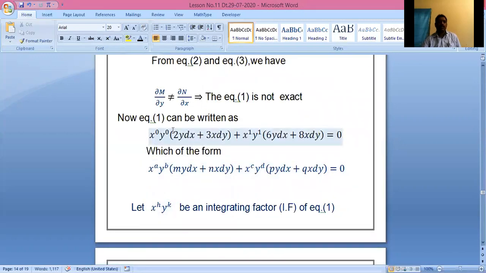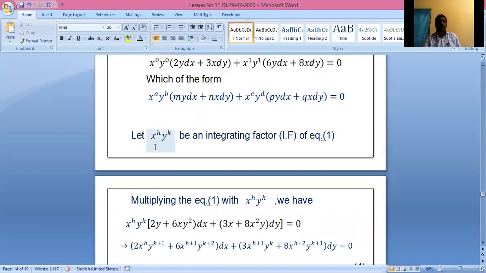Now, equation 1 can be written as x⁰y⁰(2y dx + 3x dy) + x¹y¹(6y dx + 8x dy) = 0, which is of the form x^a y^b (my dx + nx dy) + x^c y^d (py dx + qx dy) = 0.